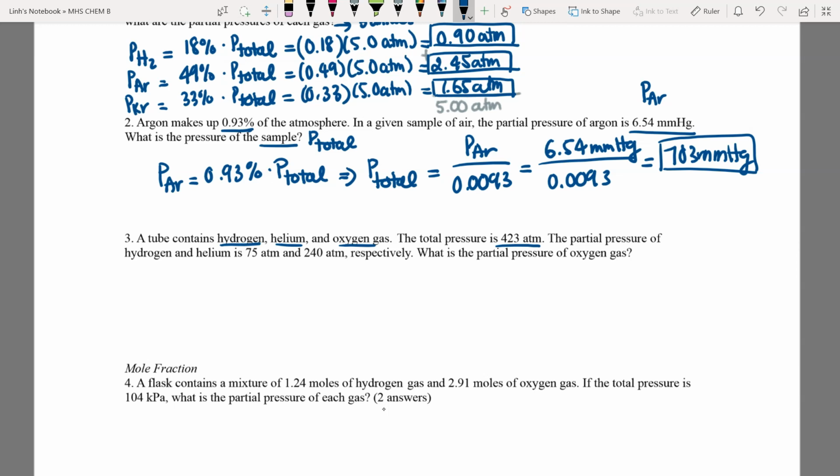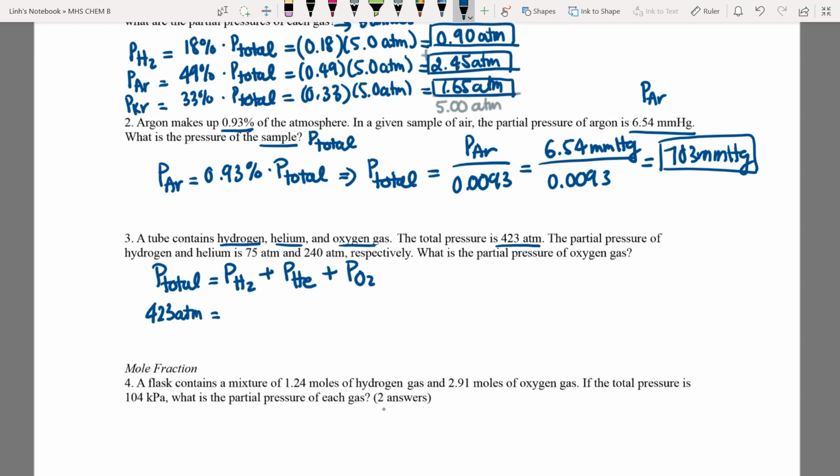I know that Dalton's law of partial pressures is P total equals the partial pressures of all the gases in that container combined. We have the partial pressure of hydrogen, the partial pressure of helium, and the partial pressure of oxygen gas. And I already know the partial pressure of hydrogen and helium and the total pressure.